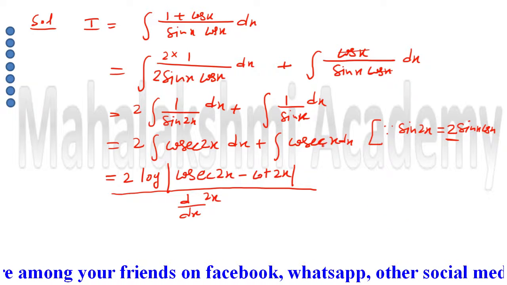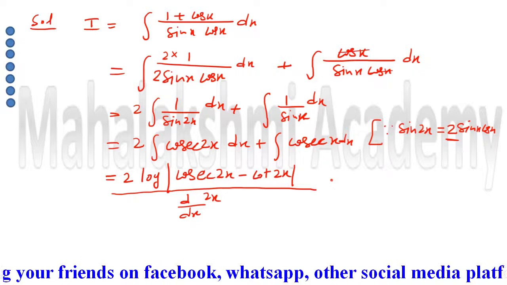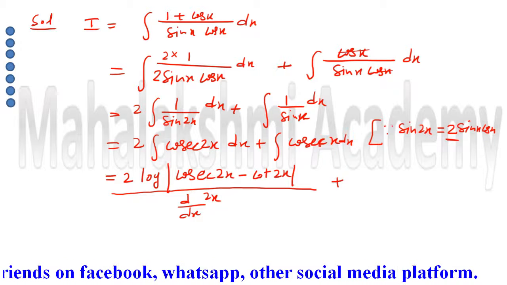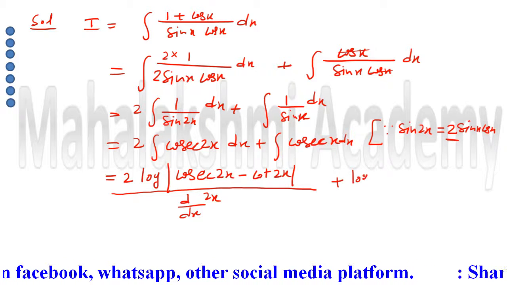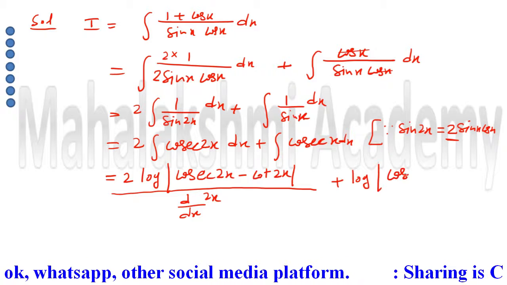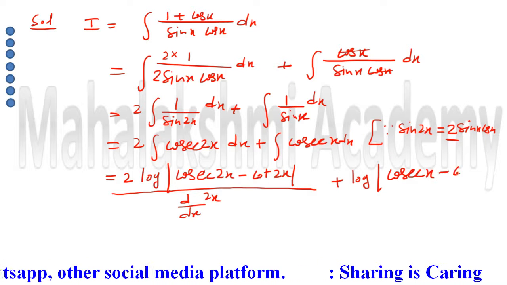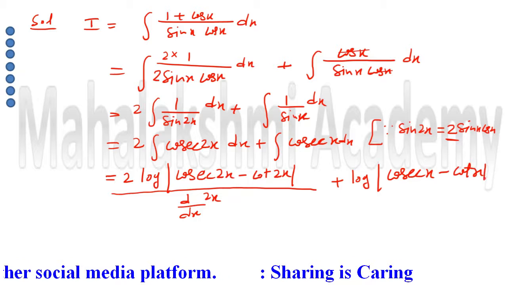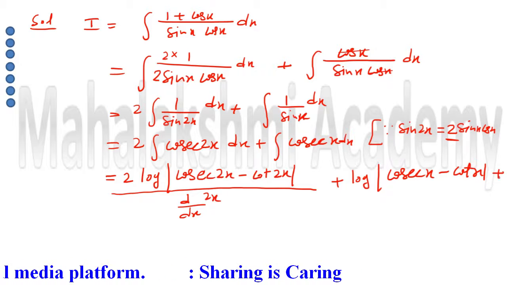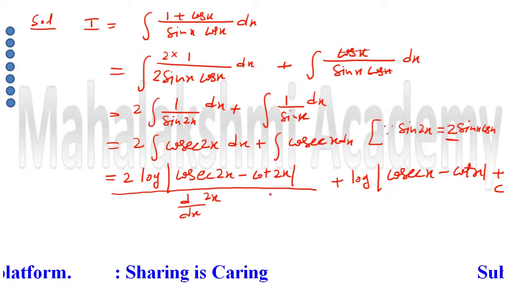Now here this cosec x integration is remaining, that's why I erased it, to vacate the space. So the cosec x integration direct formula is log mod cosec x minus cot x and then plus the integration constant c.